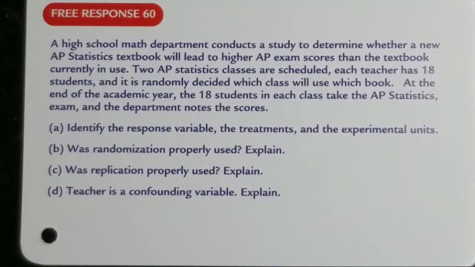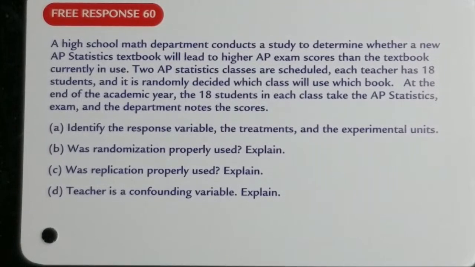They're going to try and determine whether or not the new textbook was better than the old textbook. That's what they're really trying to determine. So what they're really going to do is, sorry, Kyle, don't worry about that.